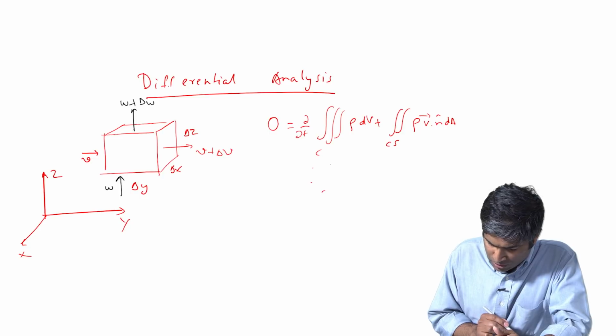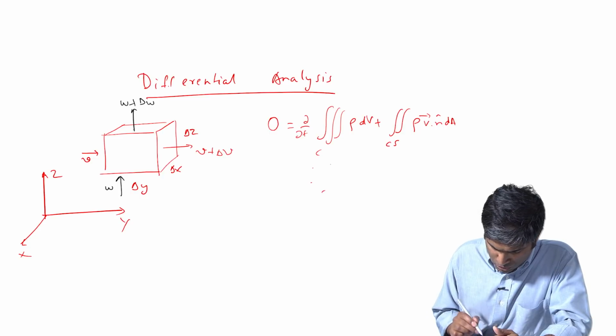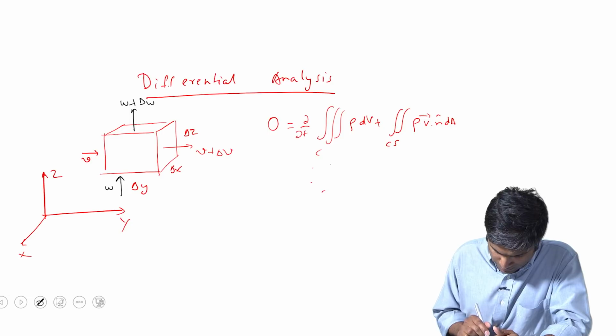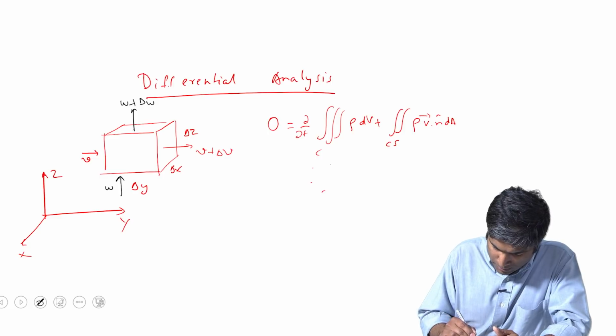And there is a third phase which is into the plane, if you will. So that would be going into this phase, and that would be u, and it would be coming out at u plus delta u.